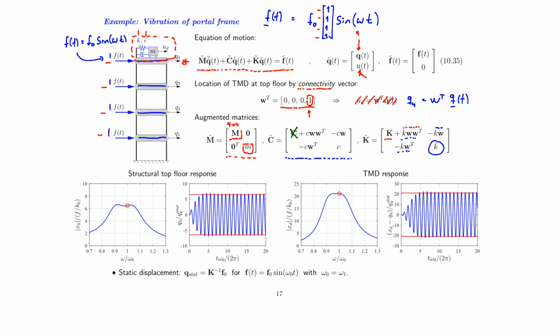Now, I run my simulations with a forcing frequency that is equal to my omega 0 frequency, and because we are damping the first mode, it's equal to omega 1 from my modal analysis of the 4-story portal frame structure. So I normalize my curves by omega 0.